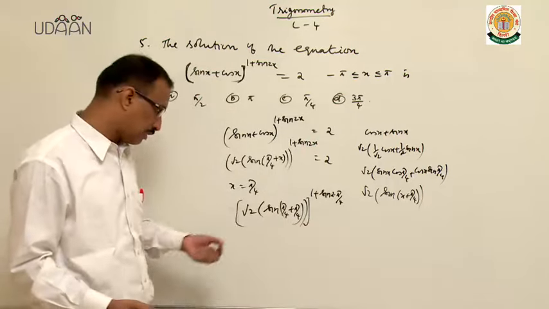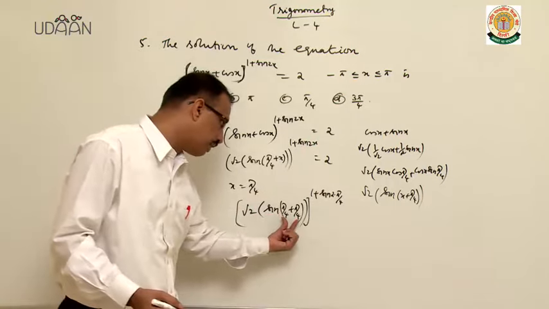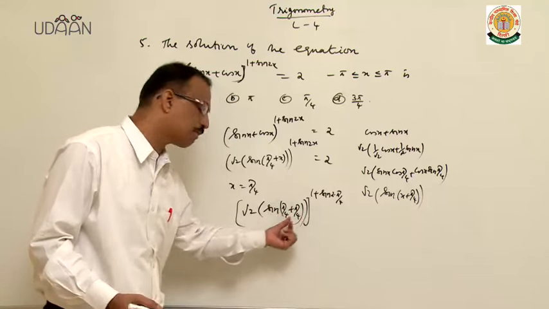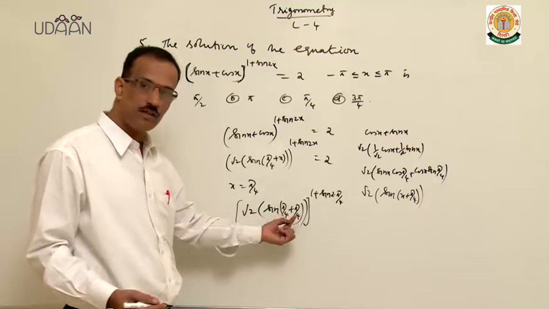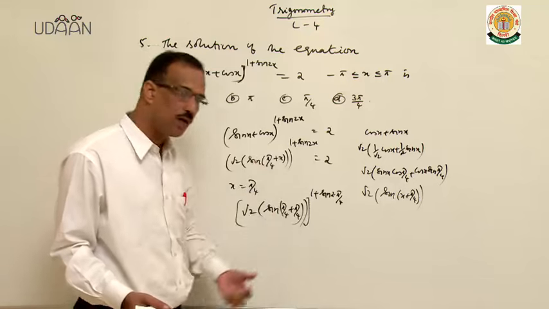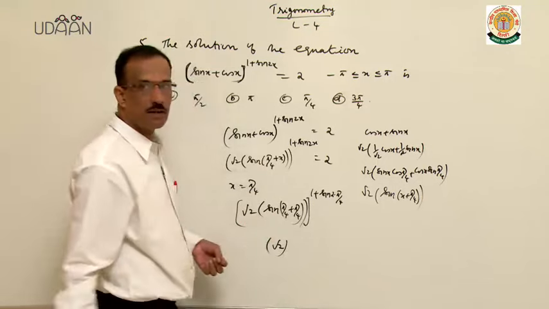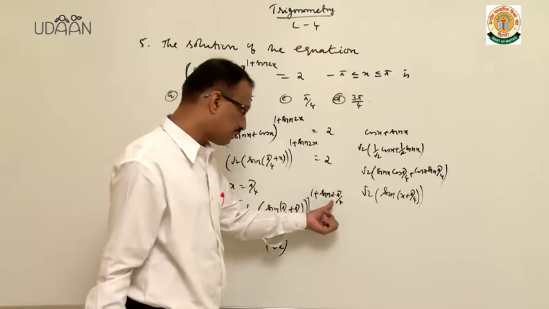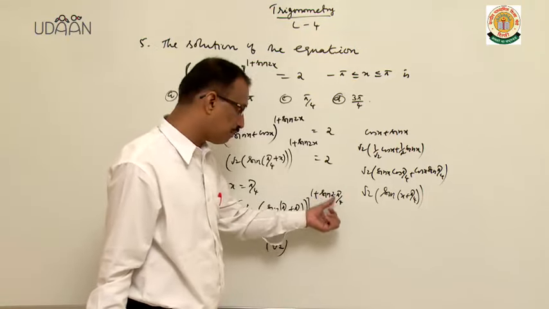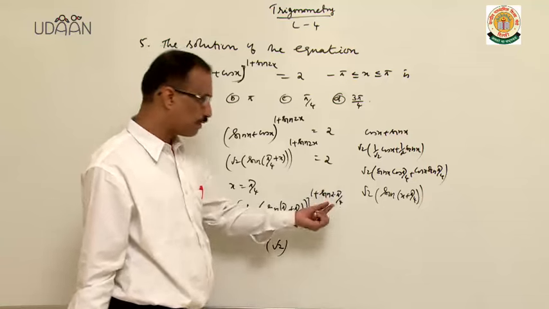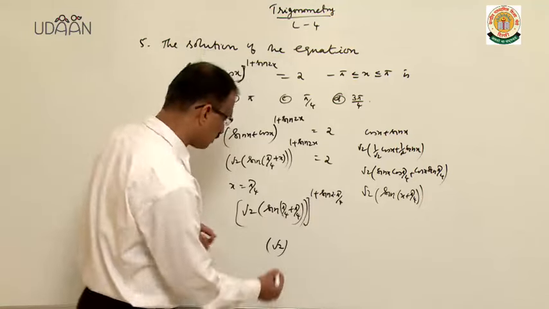Let us check that. If you substitute here pi by 4 and pi by 4, what you get is pi by 2. So sin pi by 2 is what value? We get 1. So this will become root 2 power this 1, plus this becomes sin 2 into pi by 4, that becomes sin pi by 2, which is 1. So 1 plus 1 is 2.